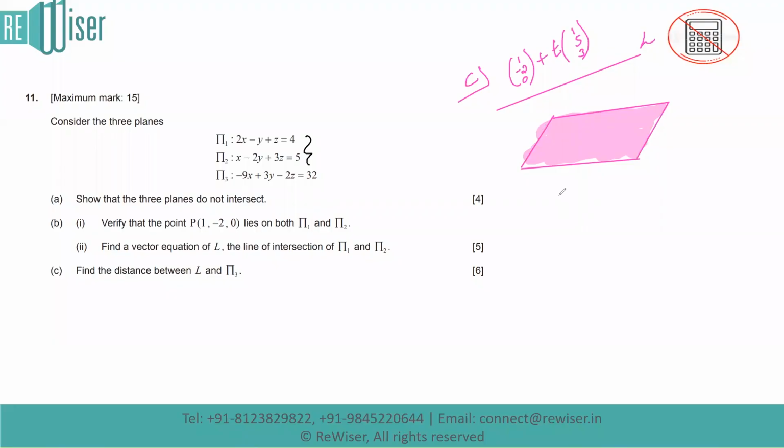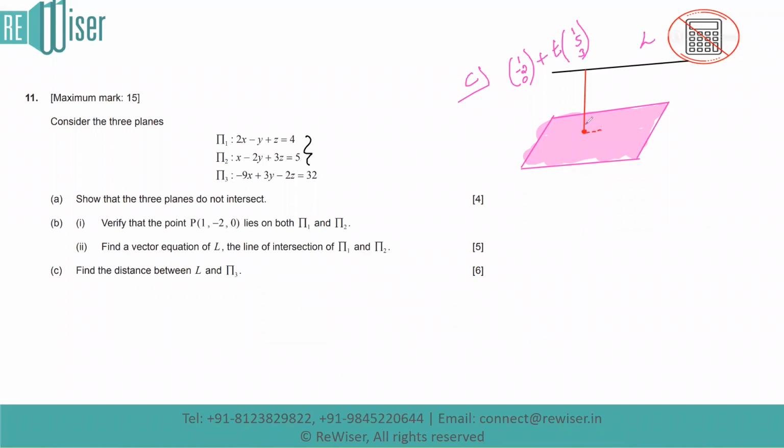One more point you need to understand is when the line and the plane will not intersect. The line and the plane will not intersect only when they are parallel. So that means the line we have is parallel to the plane. Also, whenever we talk about a distance between a plane and a line, or between any point and a plane, it should be perpendicular to both the line and the plane.